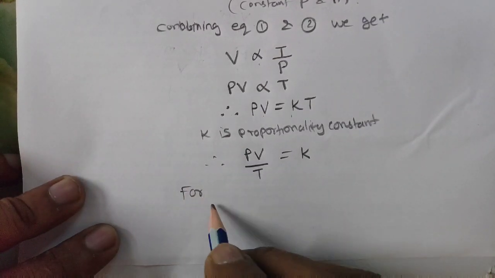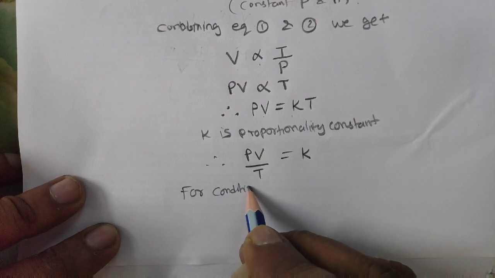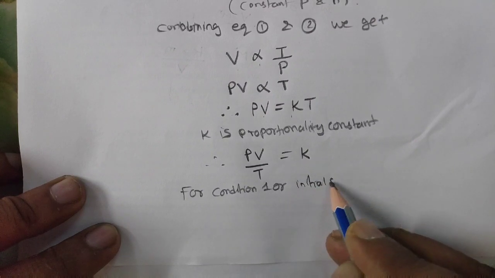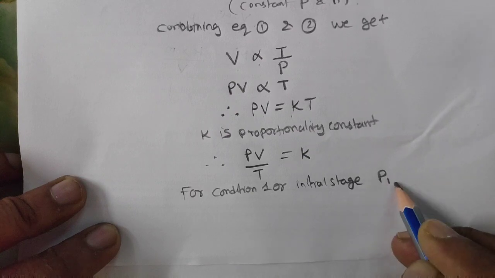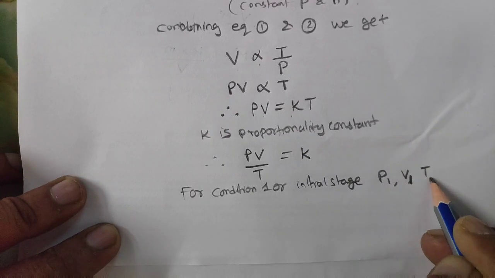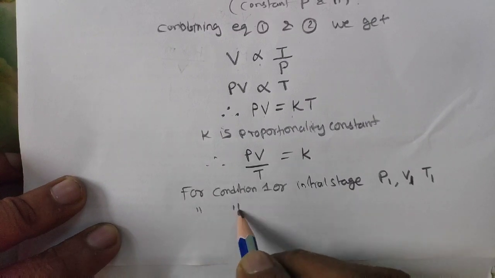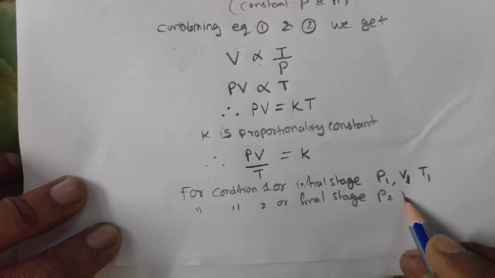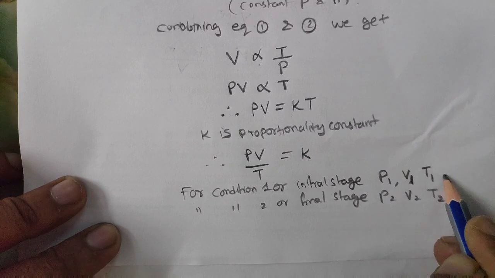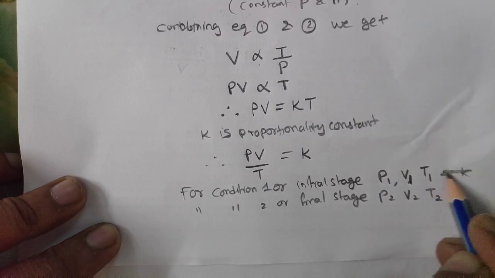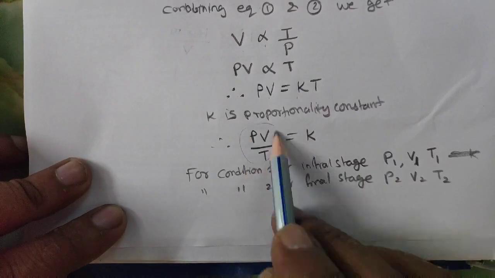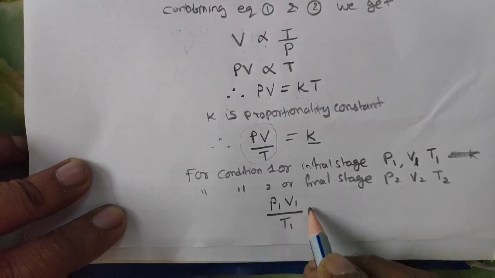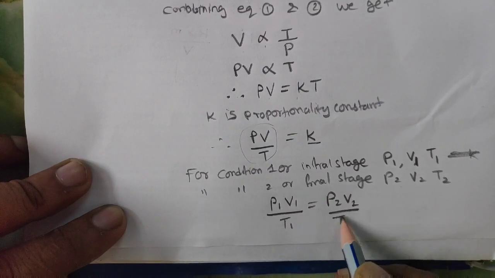Now for condition 1, or also I can write initial stage, if pressure is P1, volume V1 and temperature T1, and for condition 2 or final stage, pressure P2, volume V2 and temperature T2, so now if I correlate this relation, what will I get? P1V1 upon T1 is equal to P2V2 upon T2.